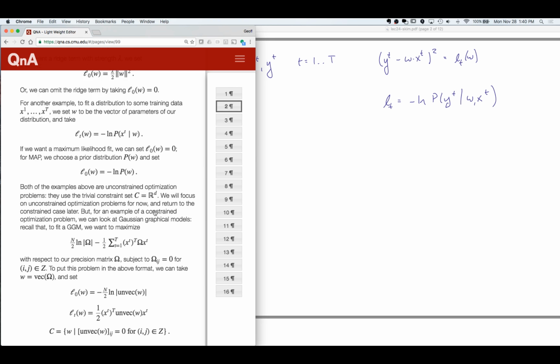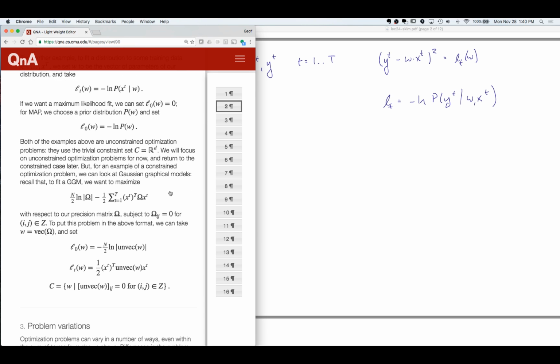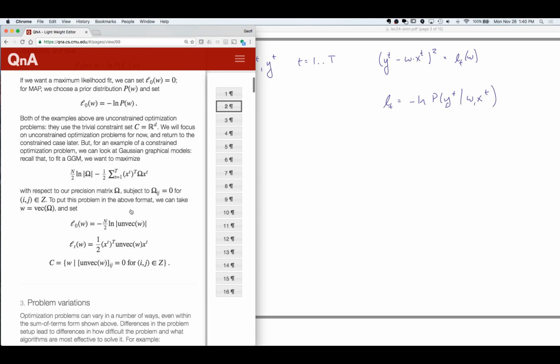And if you want to express that in the standard ML optimization format from before, you can take the loss terms to be like this. In particular, you take the constraint set to be the set of matrices that satisfy the constraint that their ij entry is 0 for all of those entries.